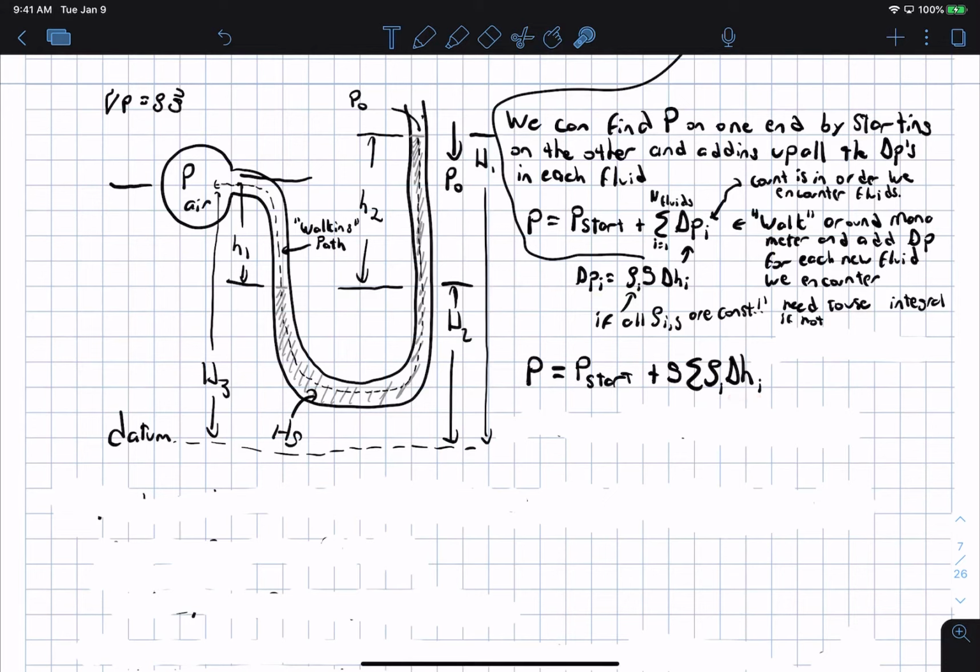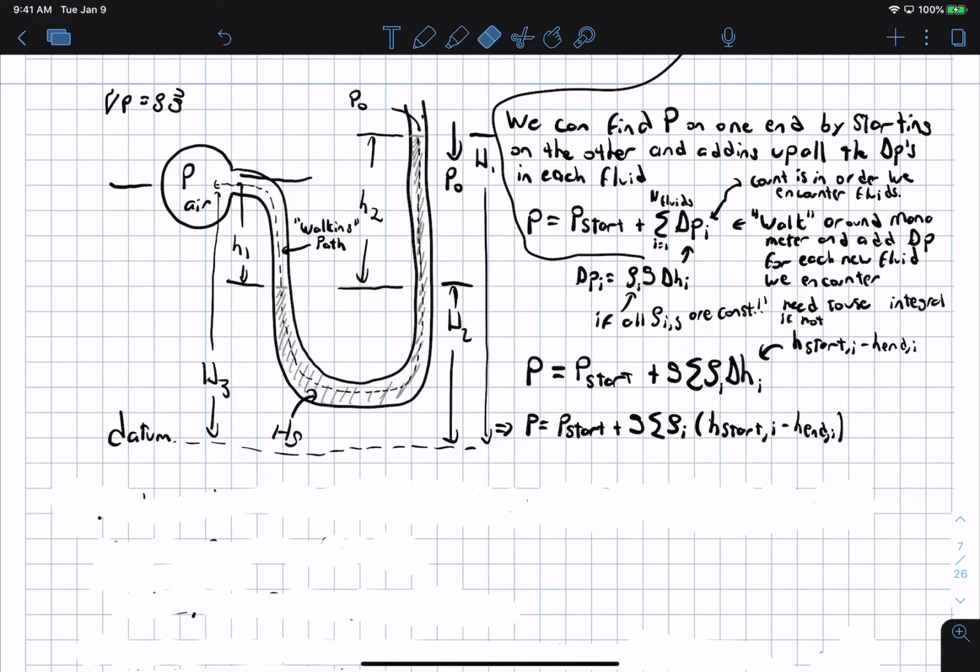Okay, and sometimes you know the change of height of the fluid, like you do here, or sometimes it's more convenient to draw a datum, and you know the specific heights of the starting and the ending points. So you can also think of this as just the elevation difference between the starting and the ending points.